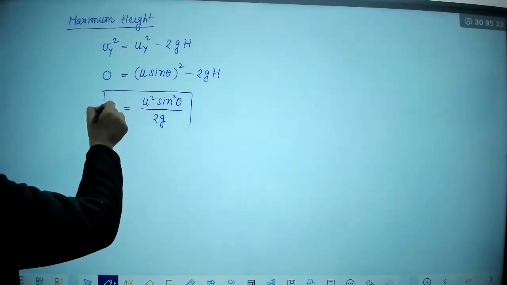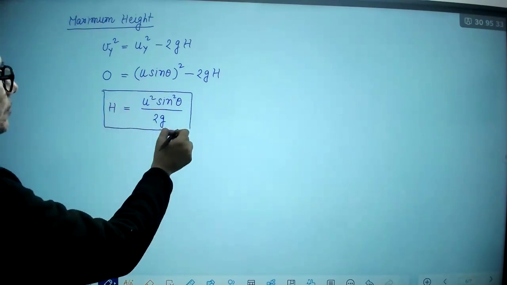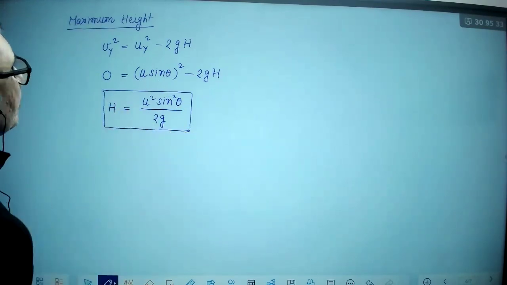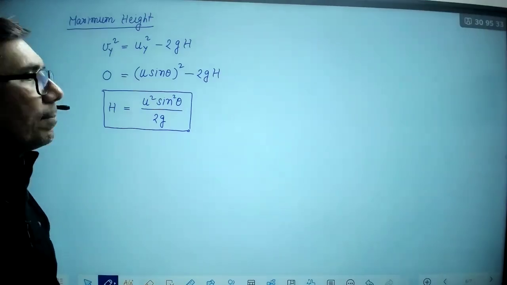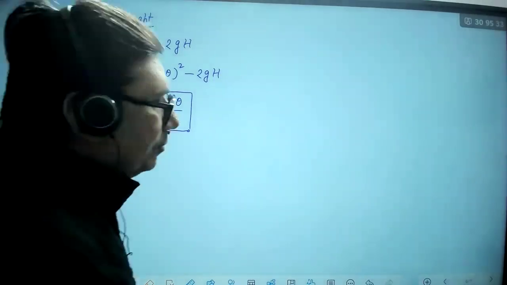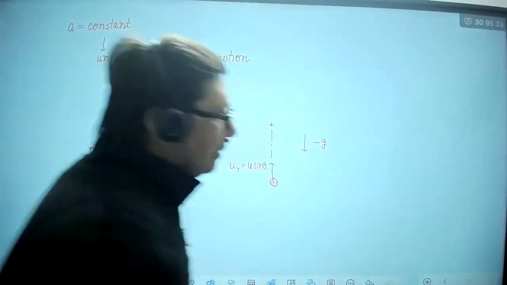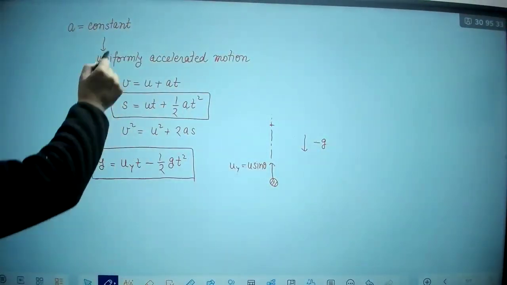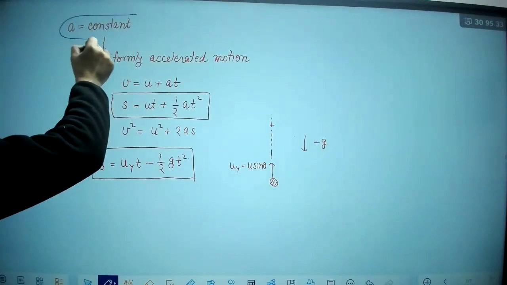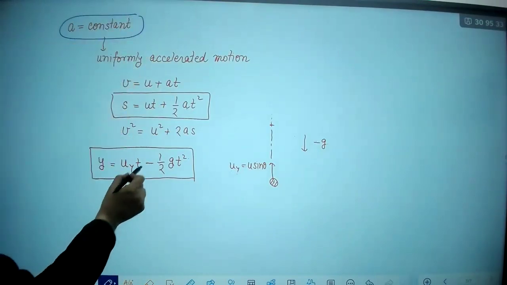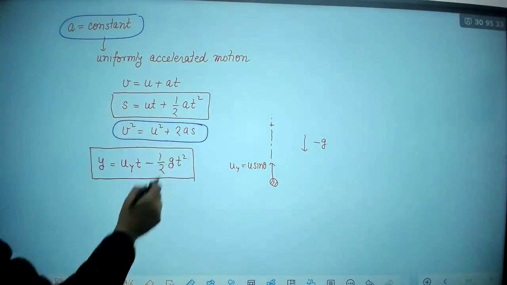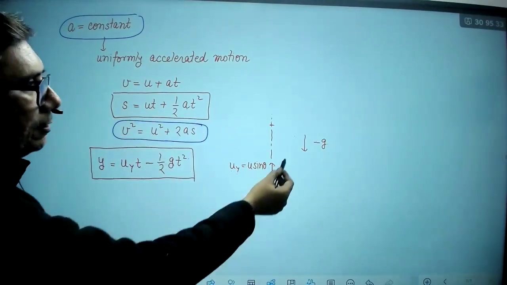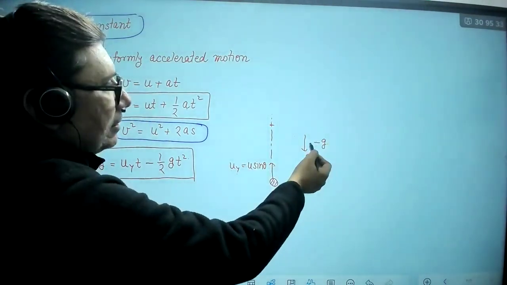Sir, I can't understand the first equation. Vy square is equal to Uy square minus 2gH. This is the third equation. No, I told you here, there are three equations for constant acceleration, because acceleration is constant. So you can use this equation. Here, look, acceleration is how much?